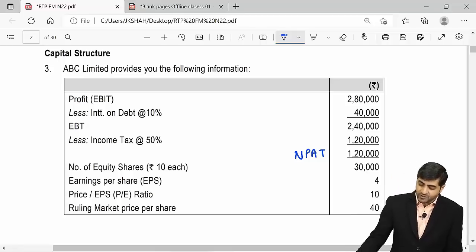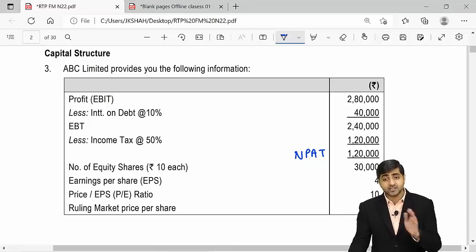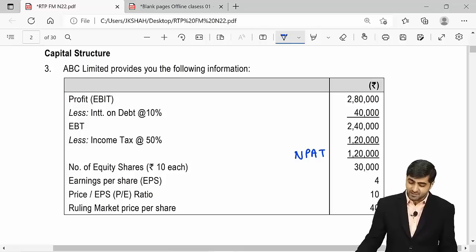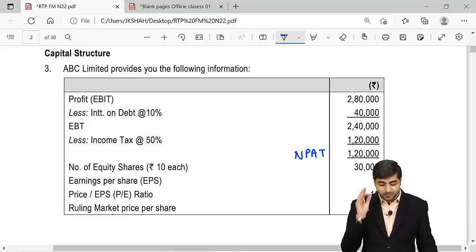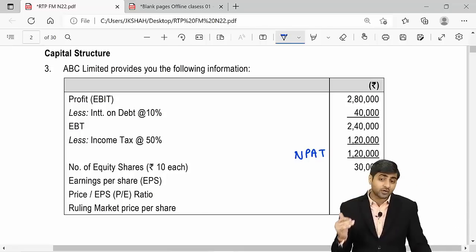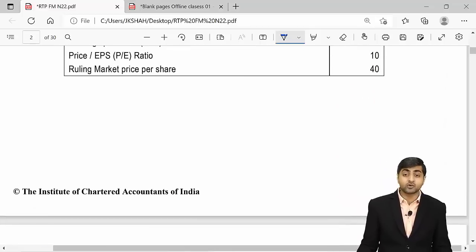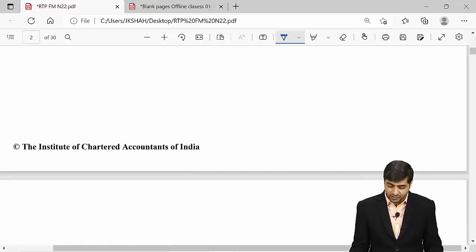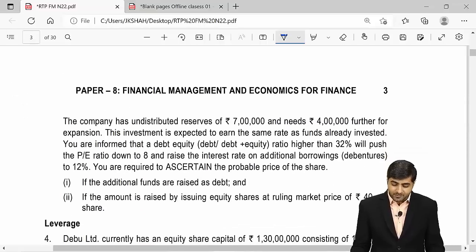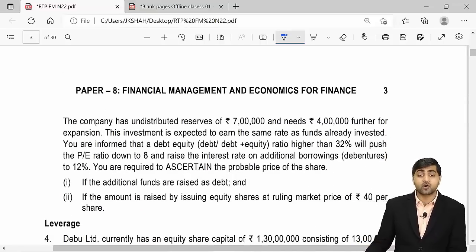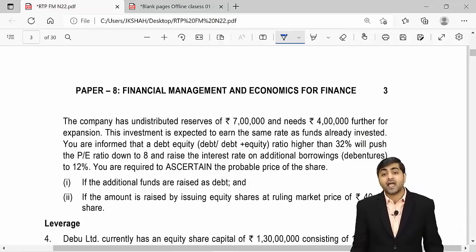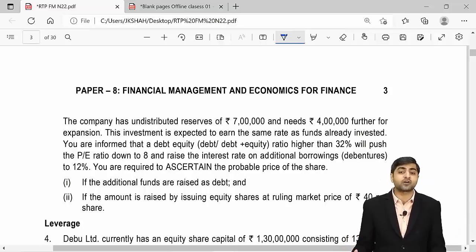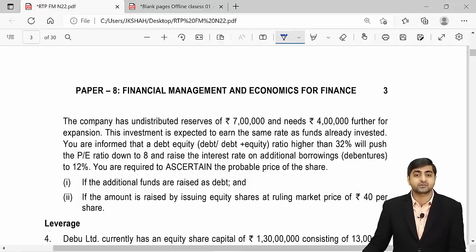Then we have the number of equity shares, which is 30,000. Then we have the EPS available as rupees 4, and your PE ratio, which is price upon EPS, is available to you as 10, after which your market price is given to you as rupees 40. And the company has undistributed reserves of rupees 7 lakhs, and it now needs rupees 4 lakhs further for the purpose of expansion.